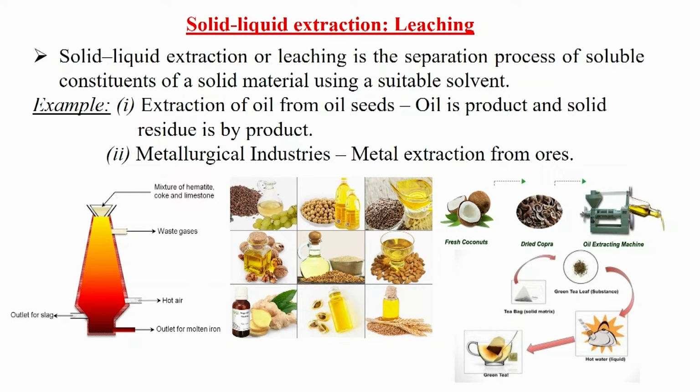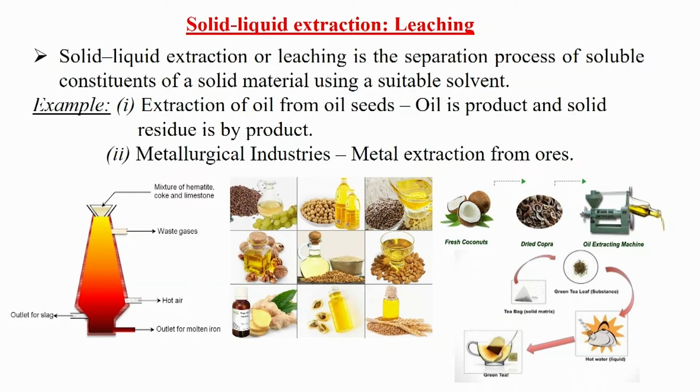In solid liquid extraction, we will discuss an almost similar procedure, except that in place of the carrier solvent there will be a solid material, or we can say an inert material, or the residue, which will be left out after the extraction process.